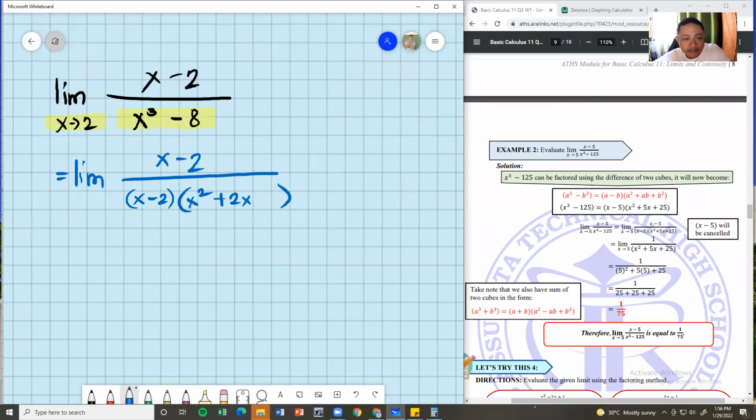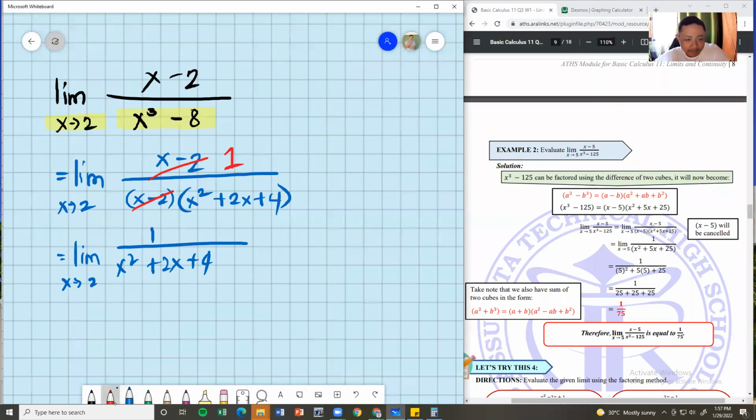Then square the last term, it becomes plus 4, as x approaches 2. And so we can cancel this out. What's left in the numerator will just be 1. So we end up with the limit of 1 over x squared plus 2x plus 4 as x approaches 2. Now, when you do the substitution, it will never be undefined anymore.